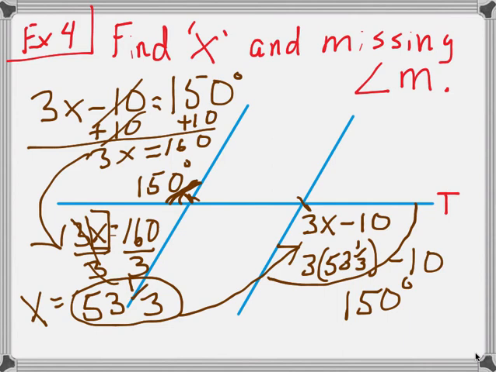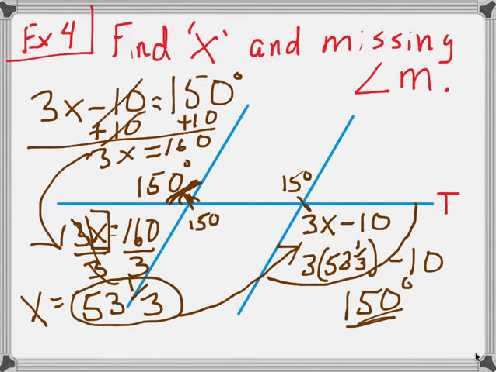Okay, take that snapshot. This would be 150. This would be 150. Well, this is also going to equal 150. Now I can check it. 3 times 53 1/3. I like to check my work. Minus 10, that equals 150. All right.